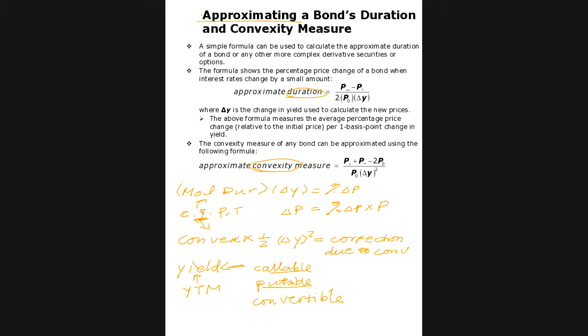So the yield to maturity, which assumes that you're going to hold the bond until maturity, may or may not be realized. You may or may not hold it all the way until maturity. So in that case, we will have to have a way to approximate the duration.